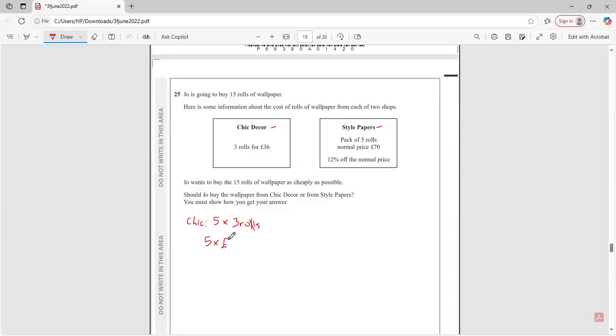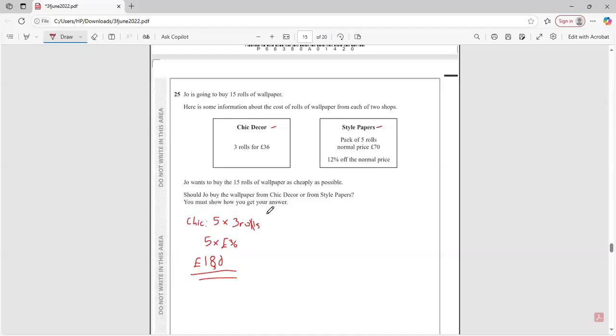So 5 times 36, that's 5 times 6 is 30, 5 times 3 is 15 plus 3, 18. So that's 180 pounds. That is from Chic Decor.